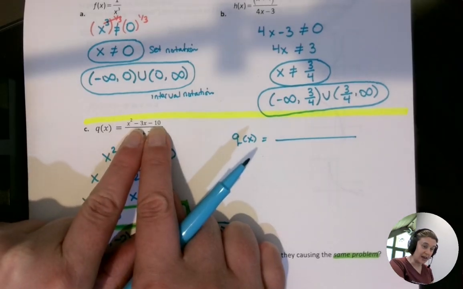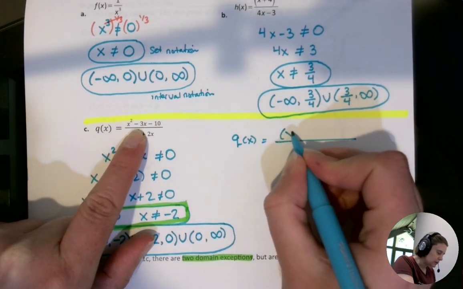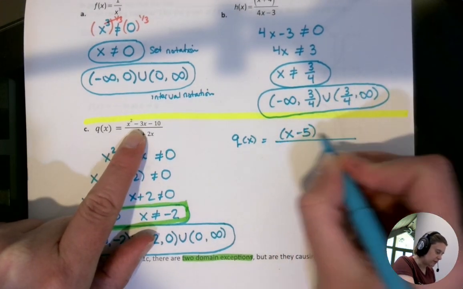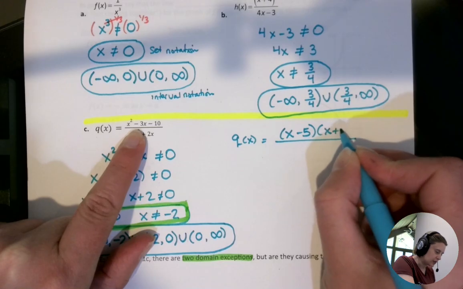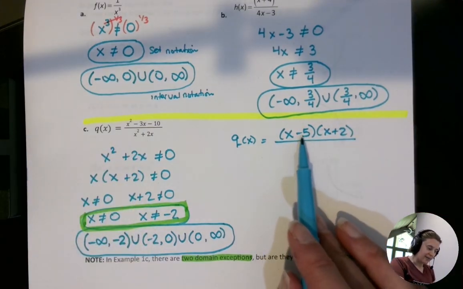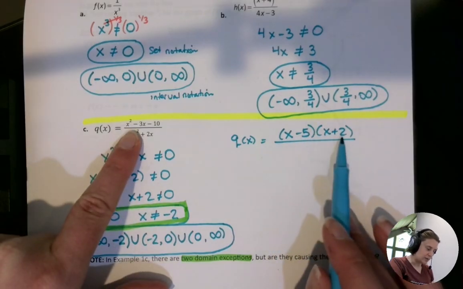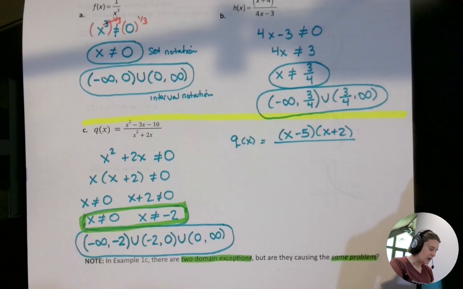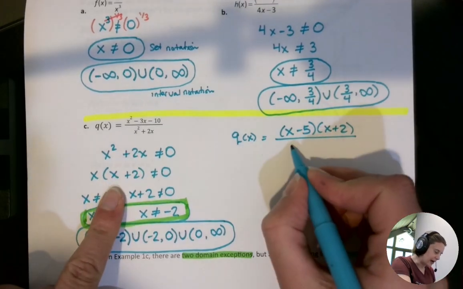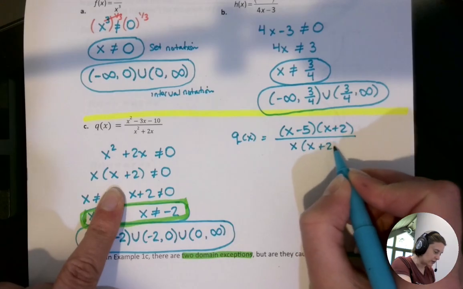So I'm going to use a -5 with a +2. x minus 5 times x plus 2. That should be factored. I know that -5 plus 2 is -3, and -5 times 2 is -10. The denominator we already factored, and so that is x times x plus 2.